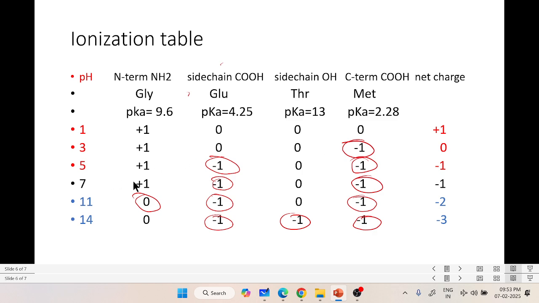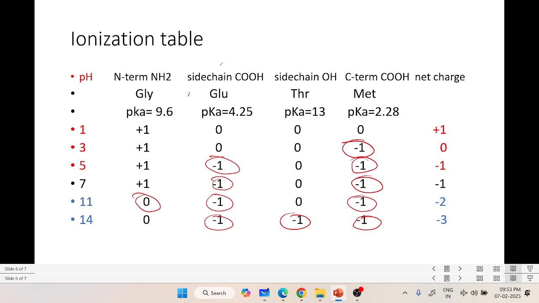At pH 7, everything still remains the same, and the charge is still -1. Now we go to pH 11. The glycine N-terminal amino group, which is protonated in the NH3 plus form, becomes deprotonated to the neutral, 0 charge NH2 form. The other groups remain in the same state as at pH 7, and so now the charge becomes -2 at pH 11.